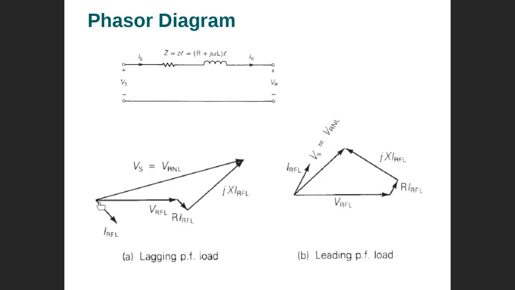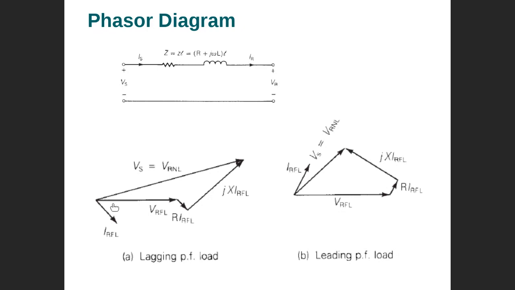If they say lagging, you draw the current lagging the voltage. You will be given VR full load and whether the current is lagging or leading. That's the whole information. Then you construct the phasor diagram.